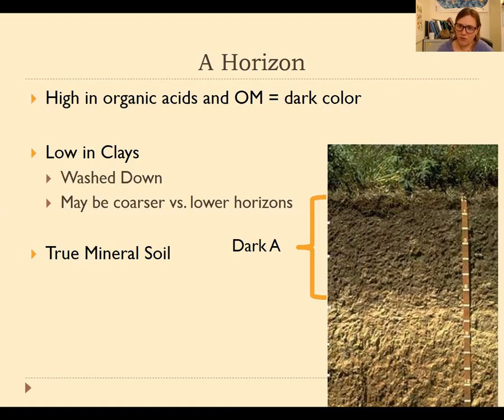And you're not going to see a lot of earthworms hanging out down in the B horizon or C horizons below. This layer on top tends to be low in clays, which, remember, are those really tiny, fine soil particles, and that's because those little tiny particles are usually washed down into the lower layers of the soil as water continually drains through the soil. And so in some cases, the A horizon is coarser than layers below, but that's not always true.